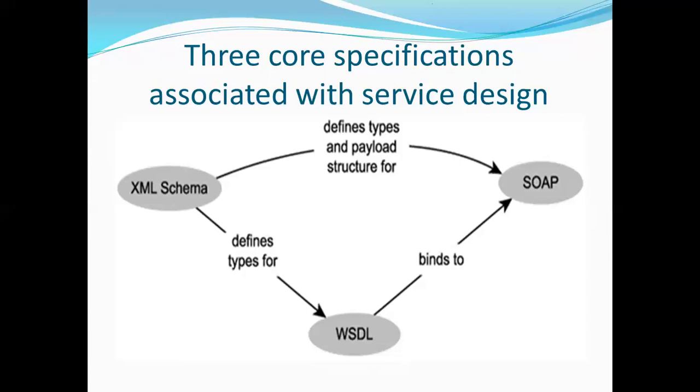So in the WSDL document, the SOAP request and response are bound using the SOAP protocol. XML schemas also give some inputs to SOAP. The SOAP header and SOAP body part are written with the help of the XML schema, defining the types and payload structure for the SOAP protocol.